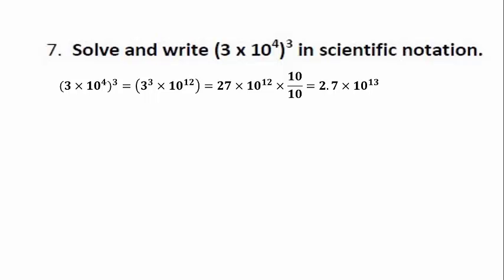So we will have 3 to the power 3 times 10 to the power 12. 3 to the power 3 equals 27. So 27, as we know before, is greater than 10, and we want a number between 1 and 10. So we will move the decimal point one digit to the left, multiplying by 10 and dividing by 10. We will have 2.7 times 10 to the power 13.